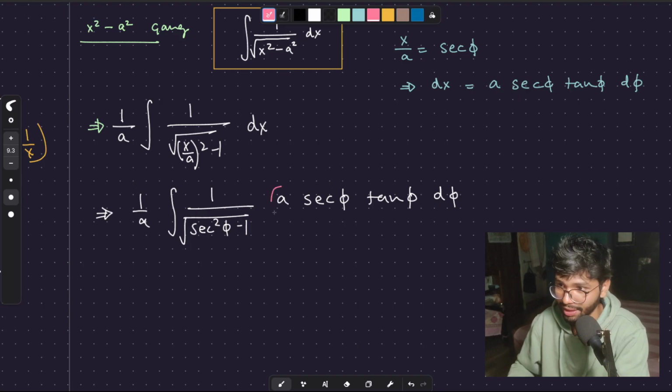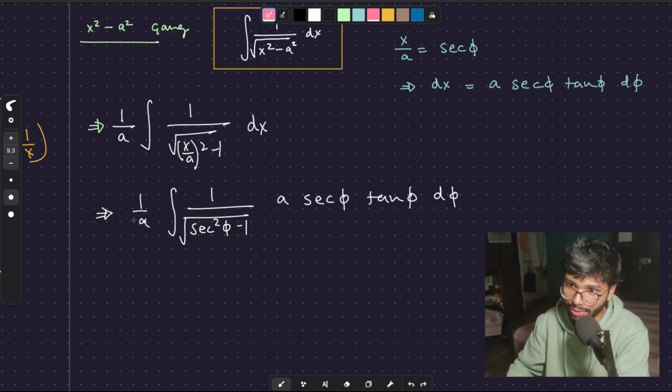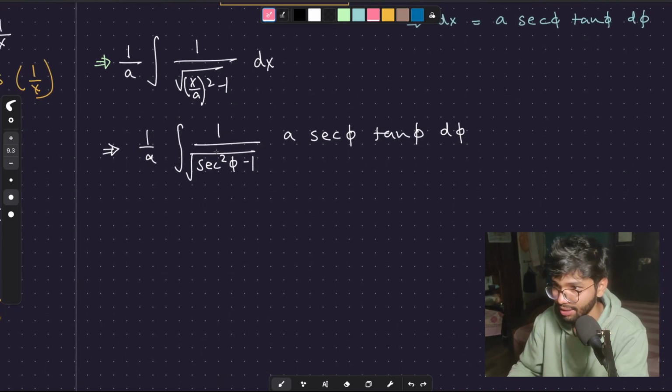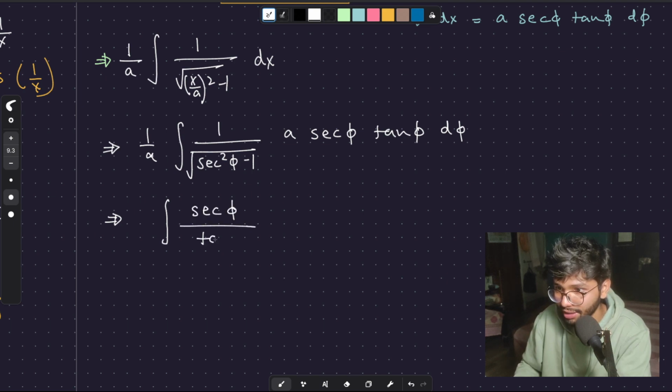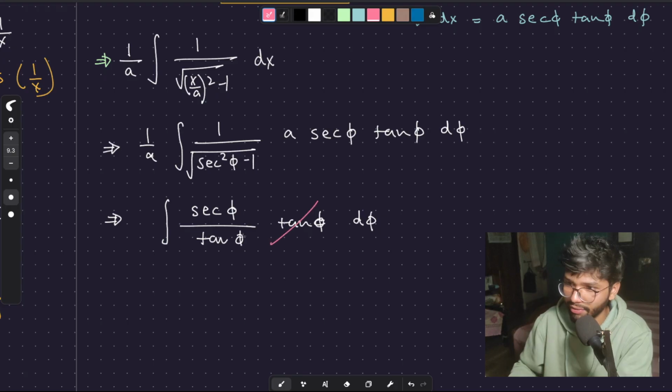This a is going to get factored out and effectively cancelled because we have a in the denominator as well. And secant squared phi minus 1 is tangent squared, which is being rooted, so it's going to be another tangent. So eventually we'll have a tangent war, and they are going to get cancelled immediately, beautifully.